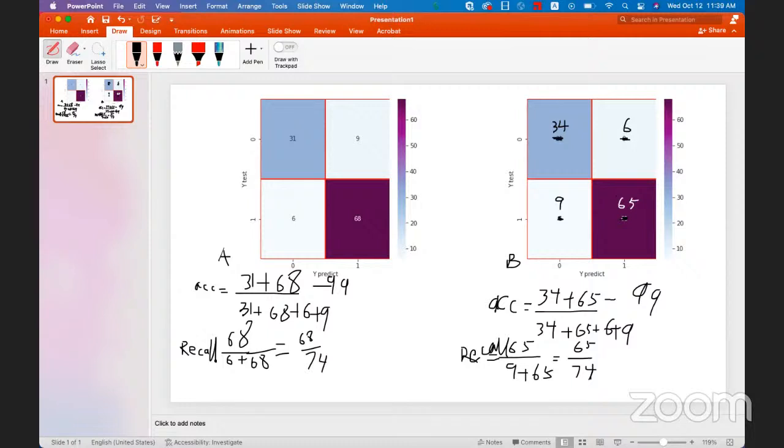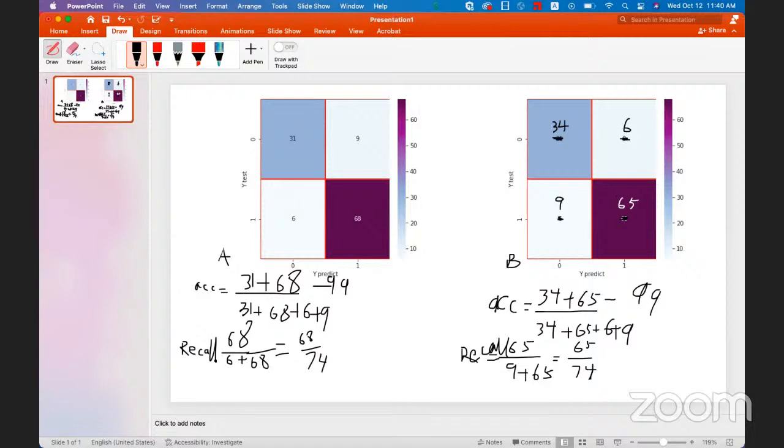But in another aspect, for all those that are predicted as having breast cancer, we don't want to have a wrong diagnosis.